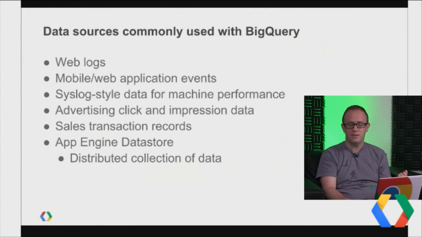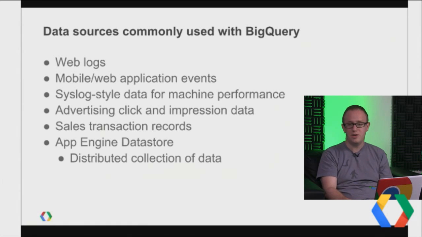So that's one of the most common, but then you might actually have some more specific types of log files for mobile or web application events. For instance, on the Google Play Store, there are a number of applications there. One of the top applications on the Google Play Store actually uses BigQuery to run a lot of analysis.